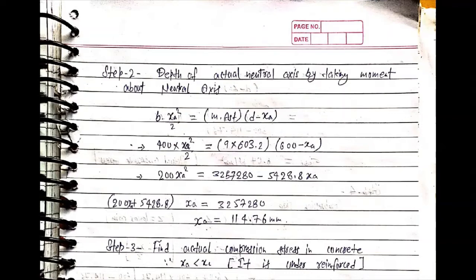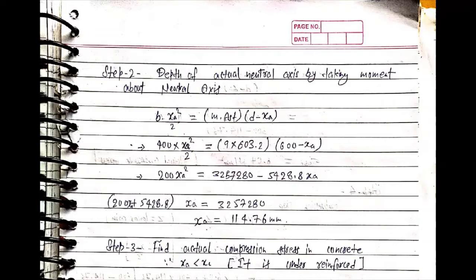So 400 multiplied by XA square, putting all those values here. B is this, m is given in the question, AST we have just found out, and this we have to find. So converting it into an equation, it gives an equation in this form. XA will give 2 expressions.